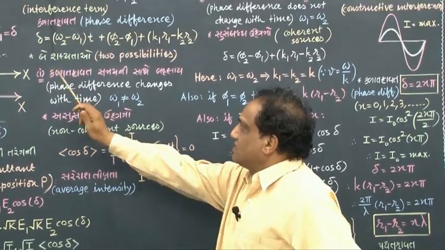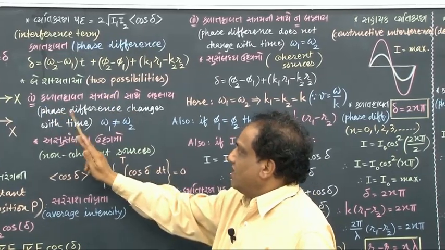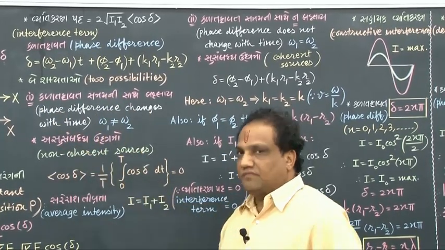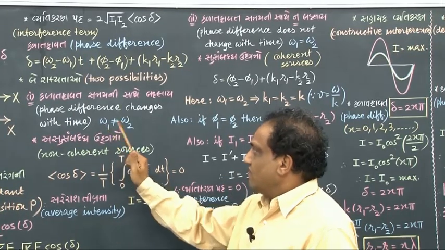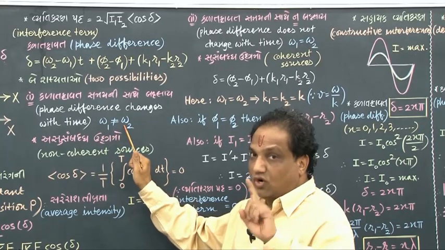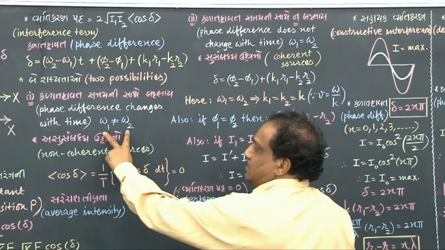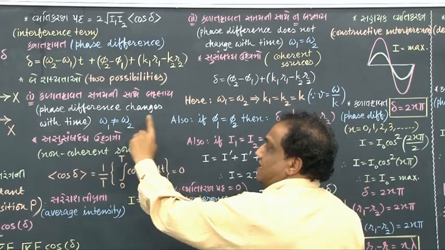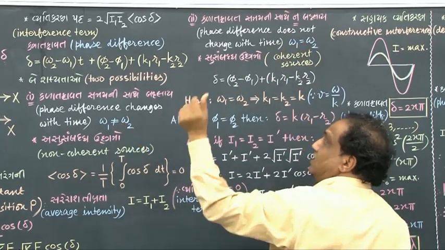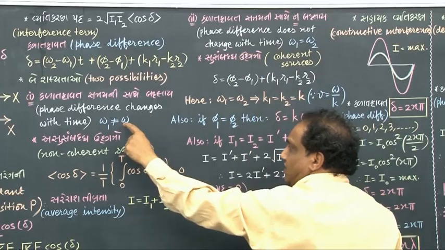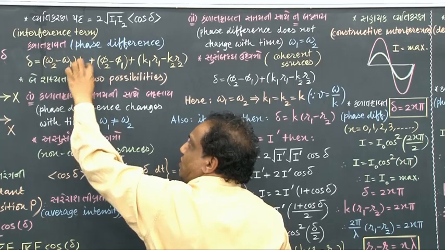Look, there are two possibilities. The first possibility is that the phase difference changes with time. If the phase difference changes with time, remember, the angular frequencies of the two given sources are not equal. For two angular frequencies, you can have two choices. Either they are equal, or they are not equal. And when omega 1 is not equal to omega 2, this term will not be 0.